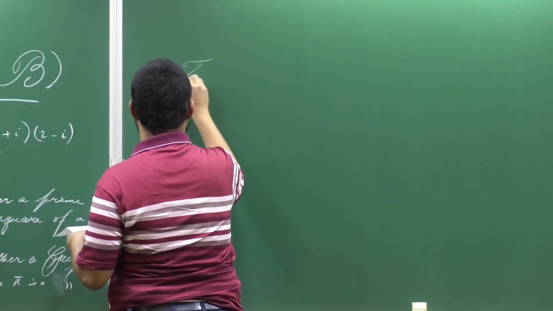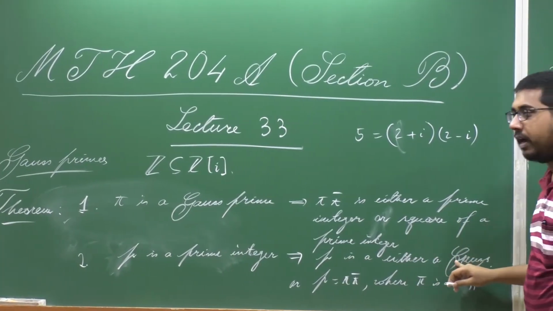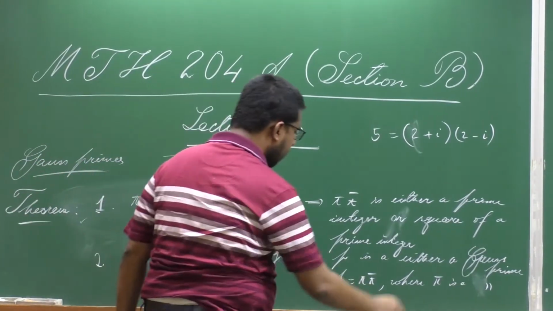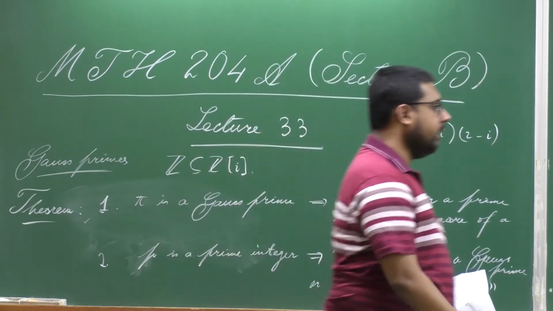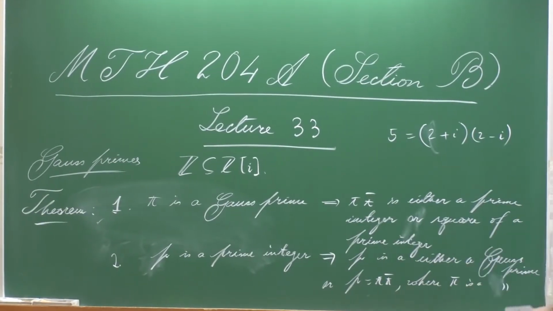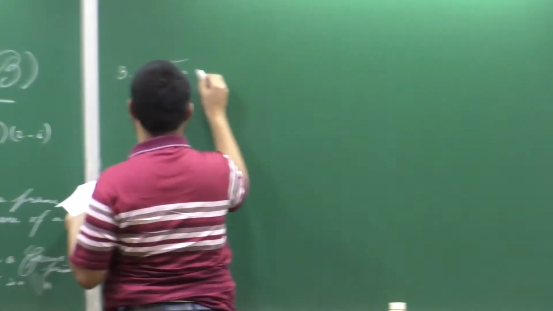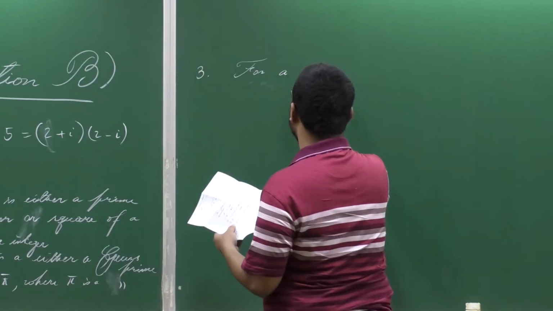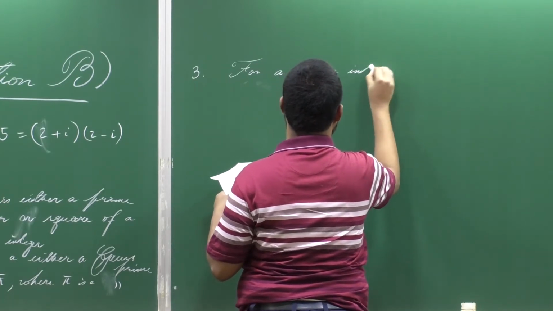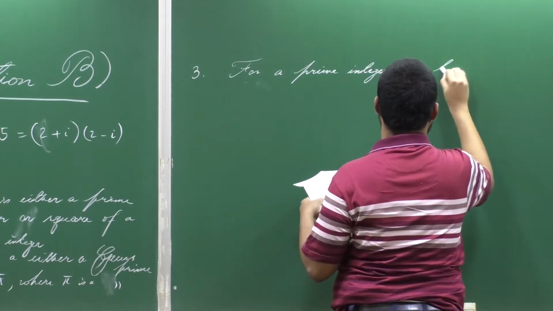So the situation is that there are two possibilities: either it's a Gauss prime, in which case we are done, or otherwise it will be of this form, and then we are trying to find when this will be the case. The third part of the theorem indeed deals with that. For a prime integer p, the following are equivalent.